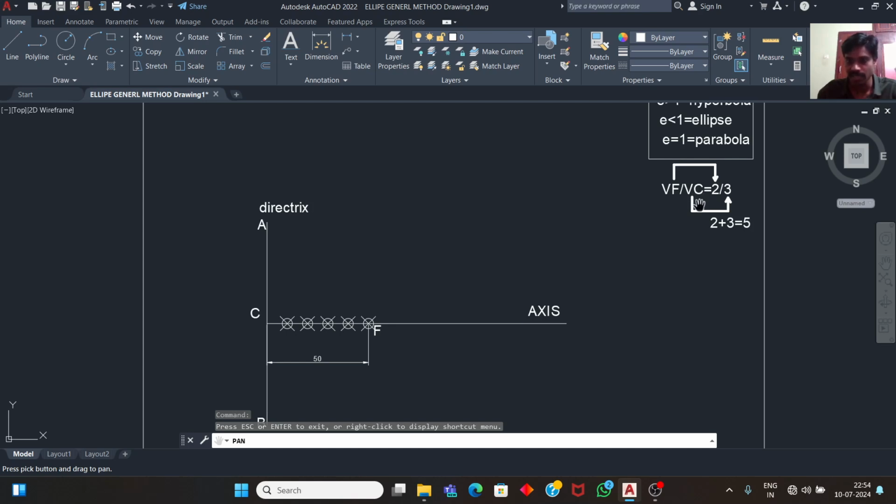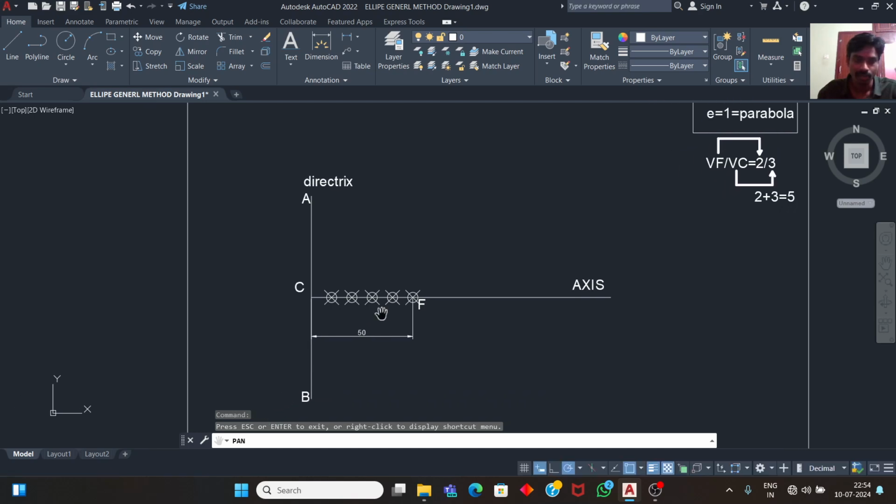From the directrix, where C is the point on the directrix line, the vertex point should be 3 parts. So for that, from C, the third point.